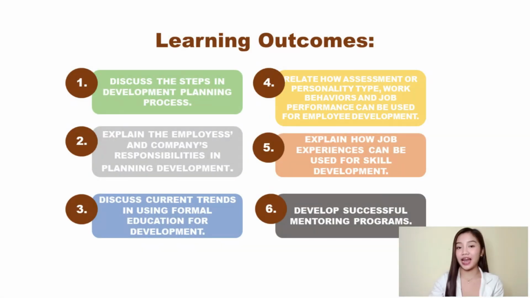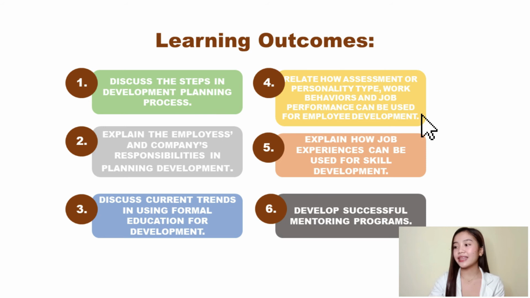So, for the learning outcomes, at the end of this lesson, you should be able to, first, discuss the steps in development planning process. Second, explain the employees' and company's responsibilities in planning development. Third, discuss current trends in using formal education for development.